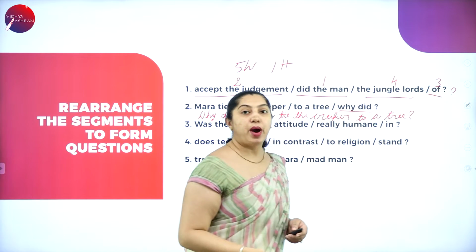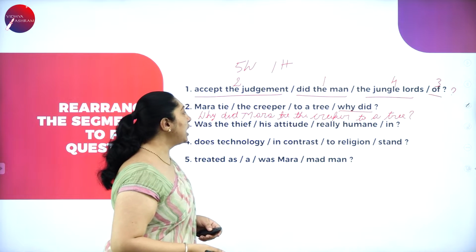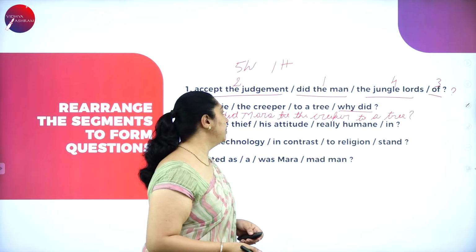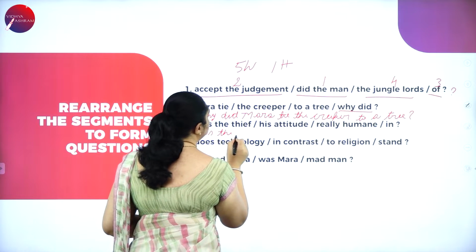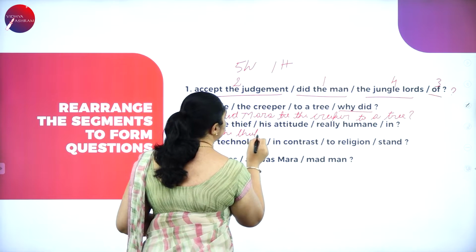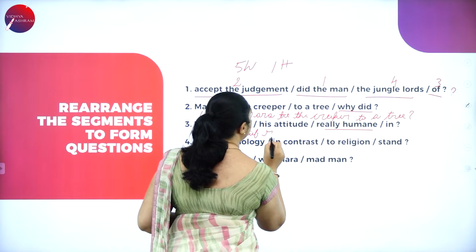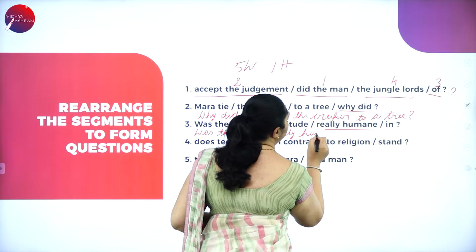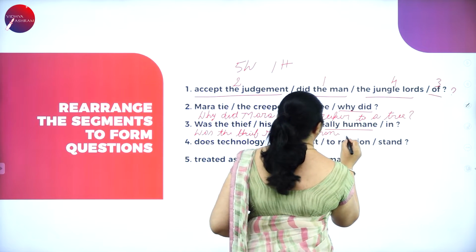Why did Mara tie the creeper to a tree? Was the thief, his attitude really humane in? Was the thief really humane in his attitude?